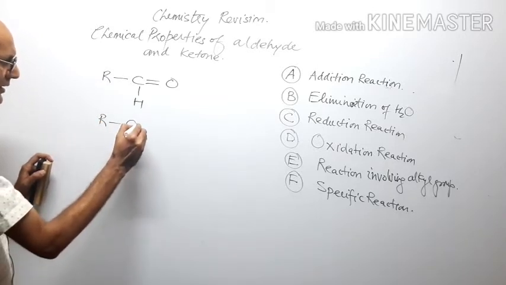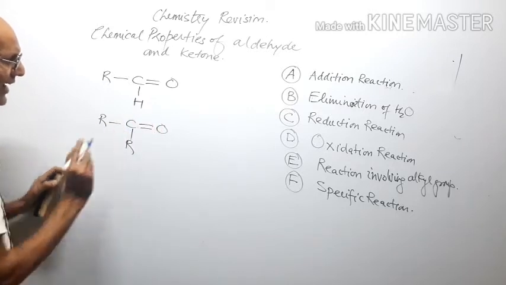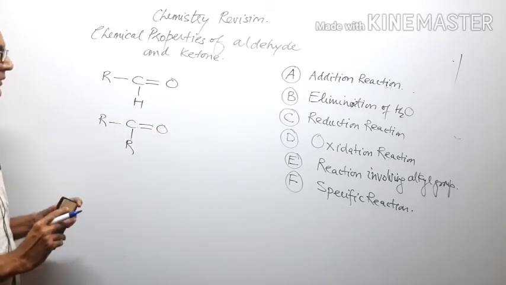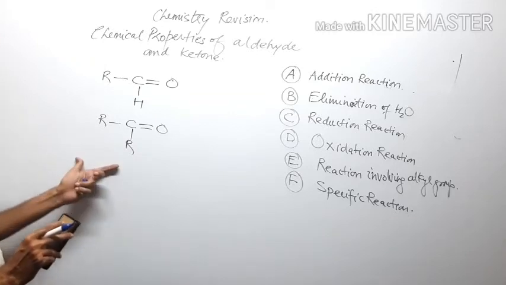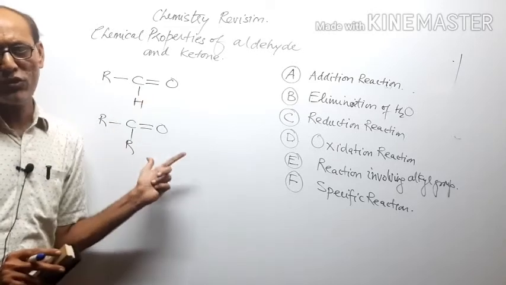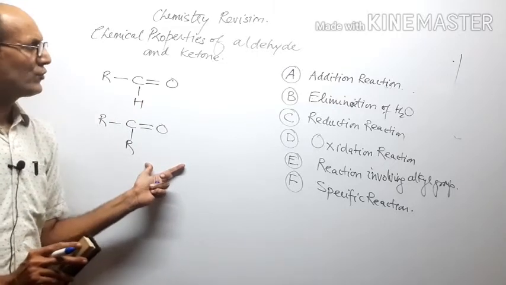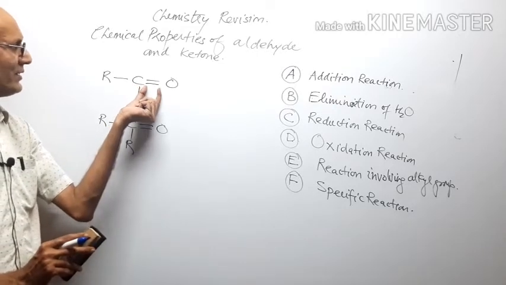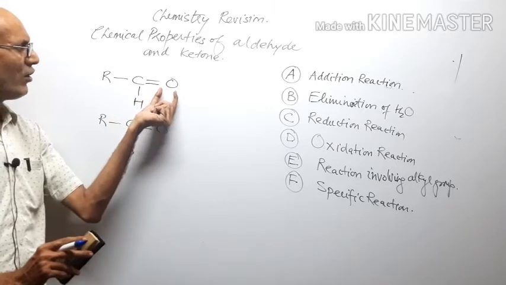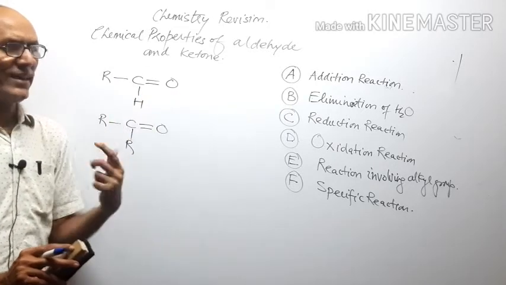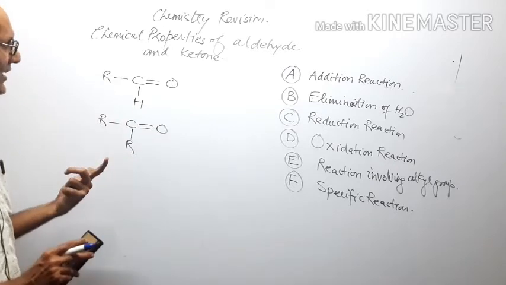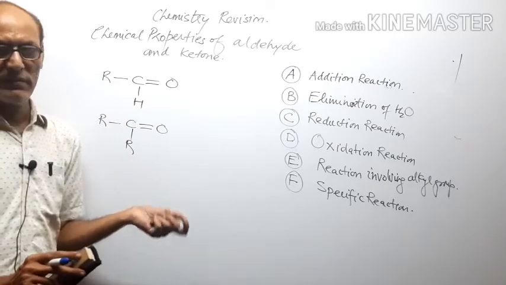That means in ketone both the bonds have alkyl groups. When we show the addition reaction in aldehyde and ketone, this carbon double bond oxygen changes into a single bond and nucleophilic addition will take place.